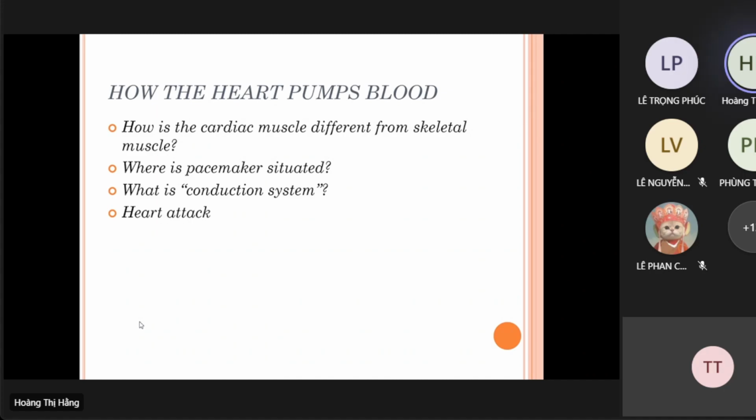Và có thể là dẫn đến nhồi máu cơ tim. Nhồi máu cơ tim là gì? Myocardial infarction. Myocardial infarction happens or occurs when the cardiac muscle is denied nutrients and the heart muscle dies.